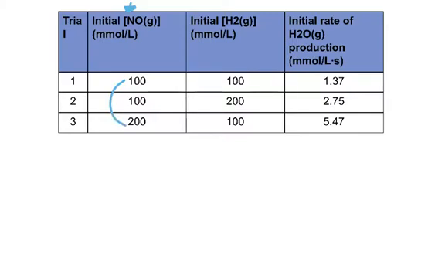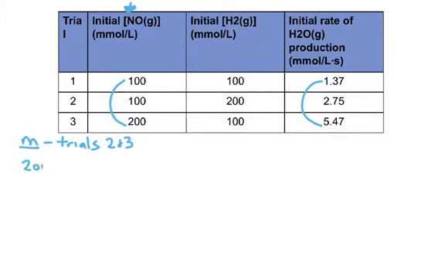If I have a look next door, trials 1 and 2 do not change for the second ingredient. That means that the change in rate that I see is only from ingredient 1, which is exactly what I want. So m is going to be trials 2 and 3 this time. And again, I'm putting the big number always on the top, so even if they're not organized that way in the table, it doesn't matter. I don't want to deal with fractions.